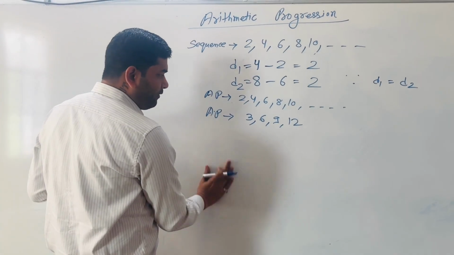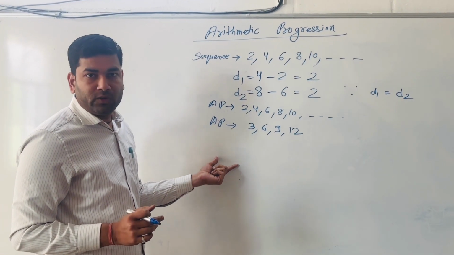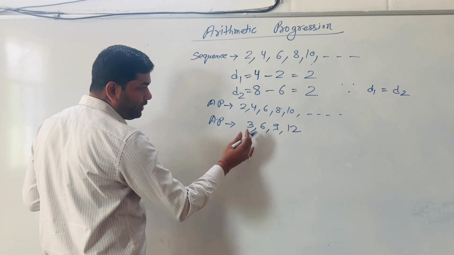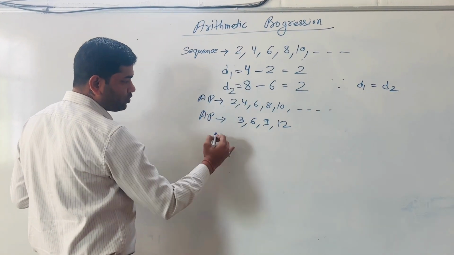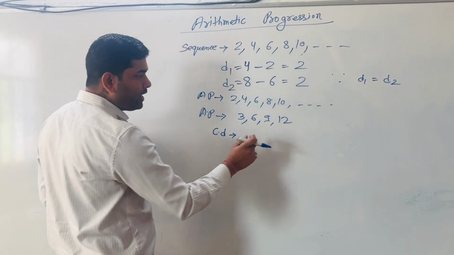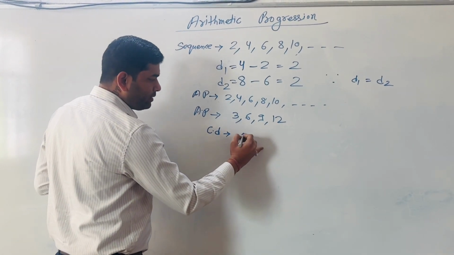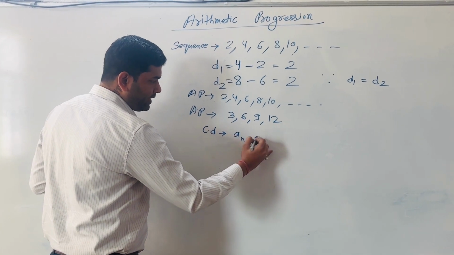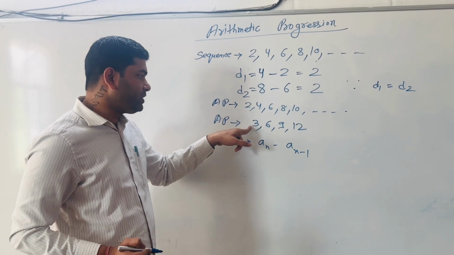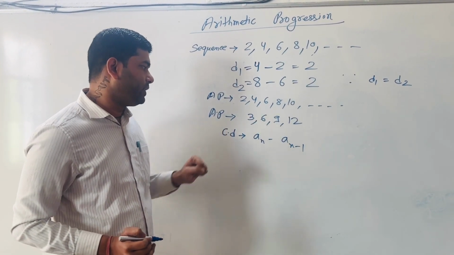After studying the concepts of AP, we have to study some formulas. If we call this D, this is the common difference. Common difference is the difference of any term with its preceding term, that means a sub n minus a sub n minus 1: second term minus first term, or third term minus second term, or fourth term minus third term.